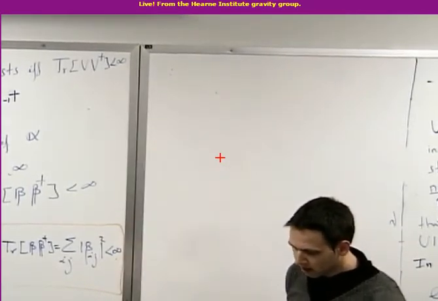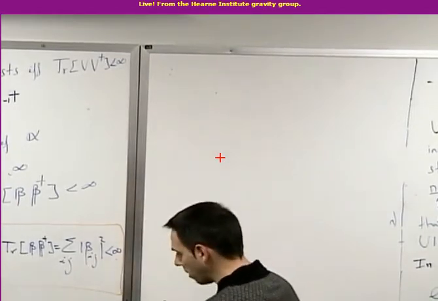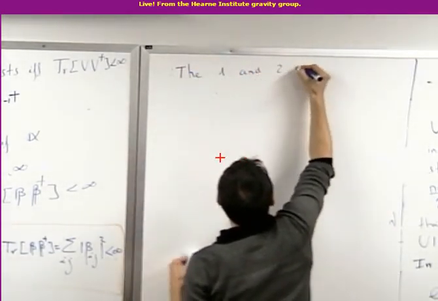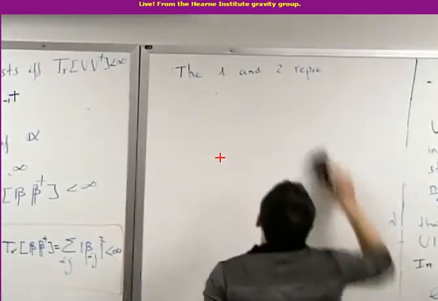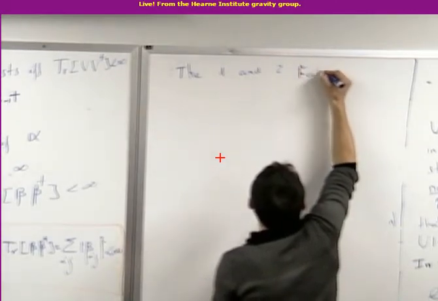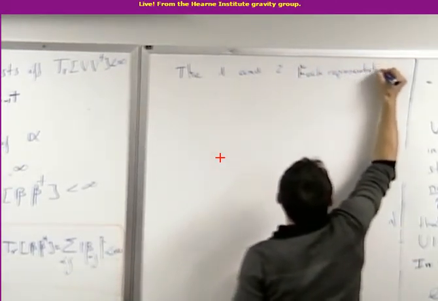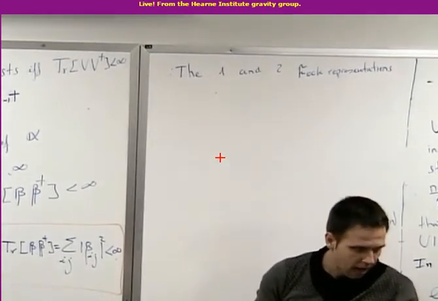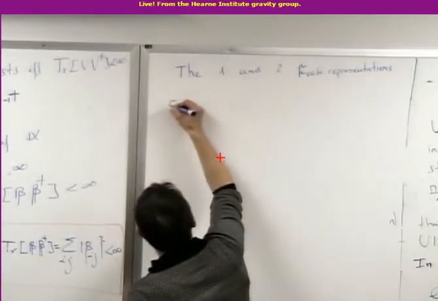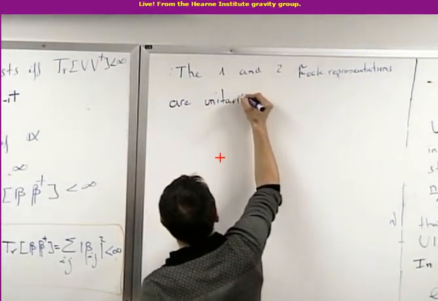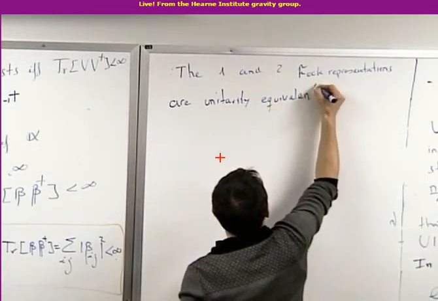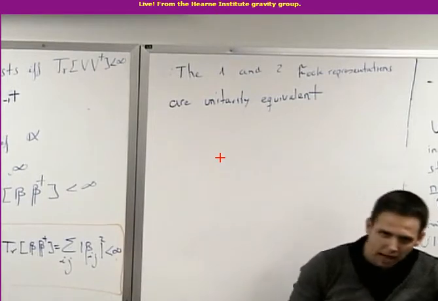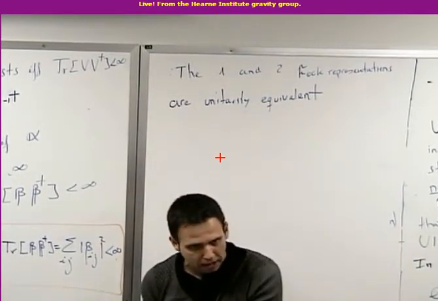The conclusion that we get from here, which is quite important, is that the 1 and 2 Fock representations, remember what the representation is: a Fock space and a representation of phi and pi in terms of creation and annihilation operators, are unitarily equivalent, which means that there is a unitary operator that takes the representation of phi and pi in one and gives you the representation of phi and pi in the other.